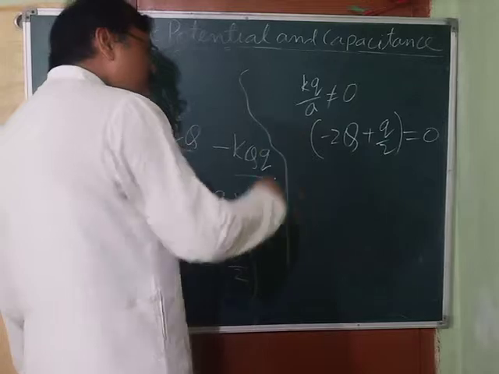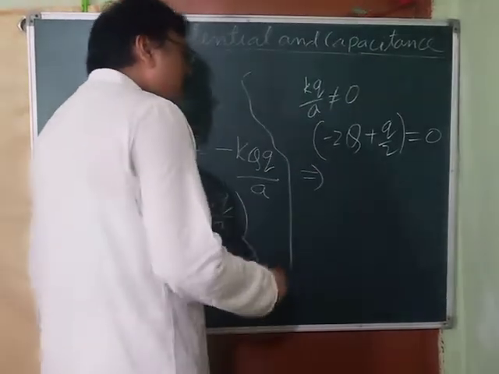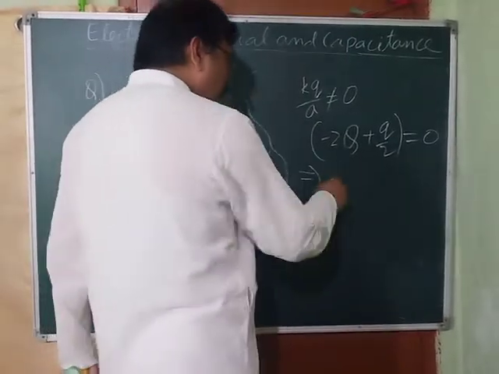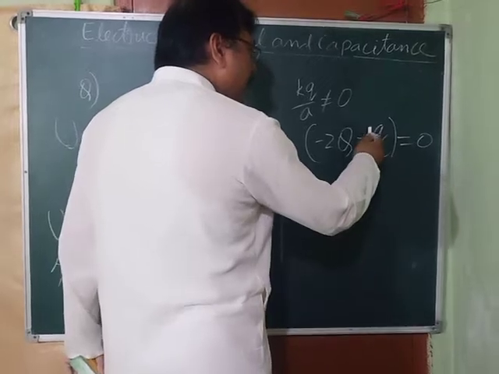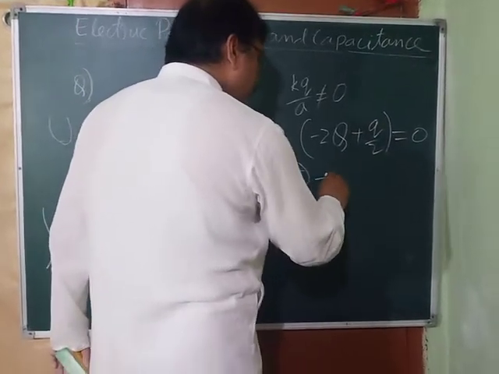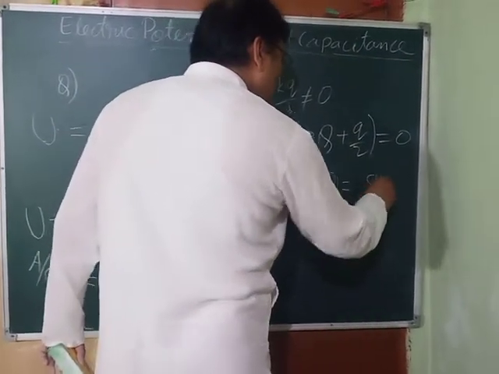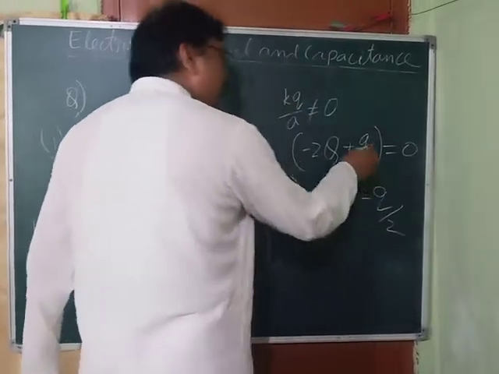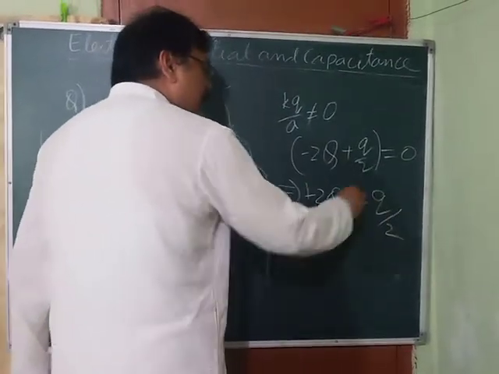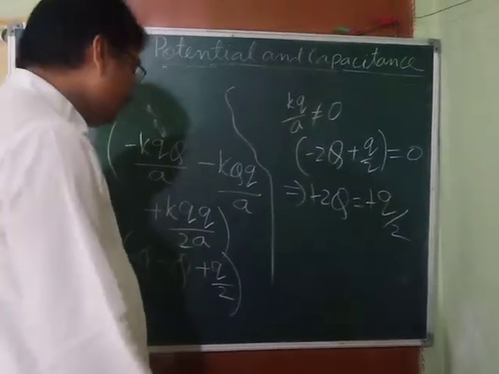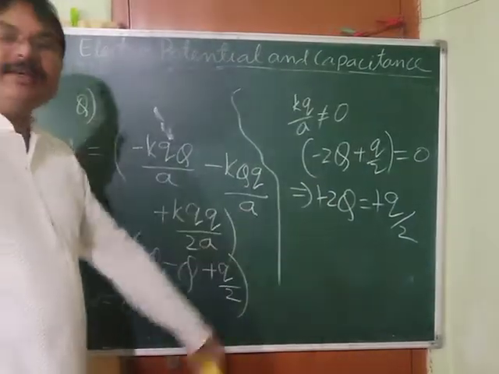If this is equal to 0, then we can take this to that side. We get minus 2q is equal to minus q by 2, because when you take it to that side it becomes negative, and the negatives cancel out. What we have to find is capital Q by small q.